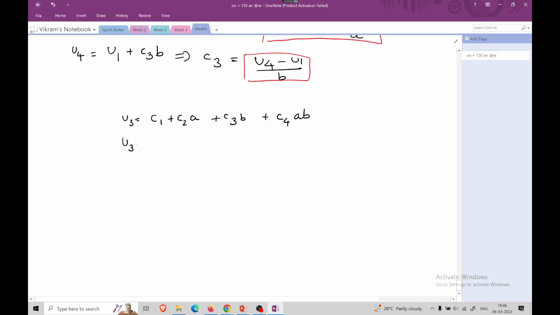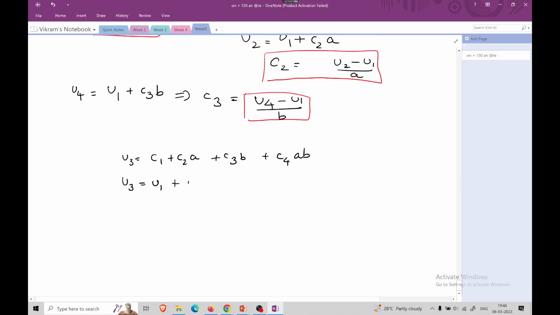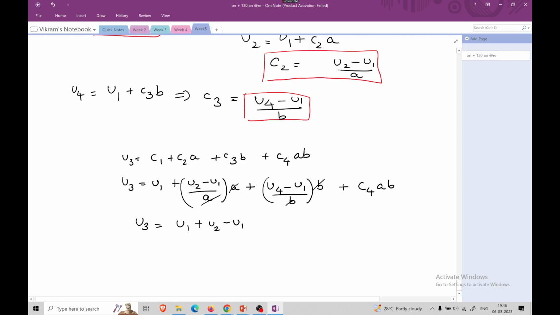Now substituting everything, C1 is u1, C2 is nothing but u2 minus u1 by a, C3 again u4 minus u1 by b, C4 is unknown. So u3 is equal to, this a cancels, b cancels, u1 plus u2 minus u1 plus u4 minus u1 plus C4 ab. So this one cancels.